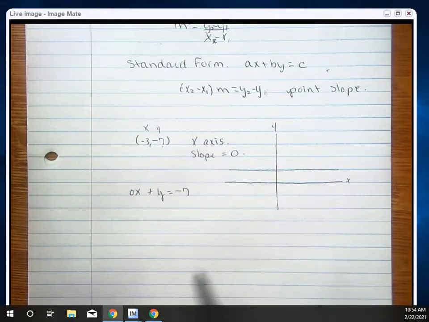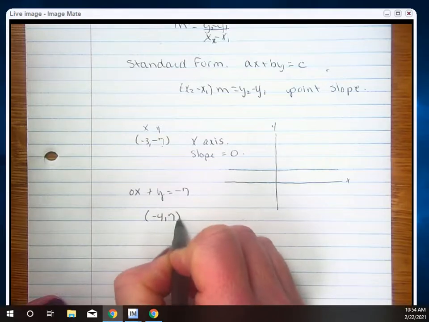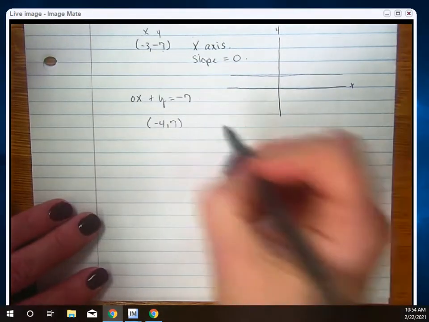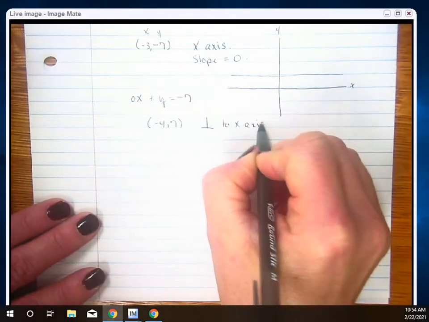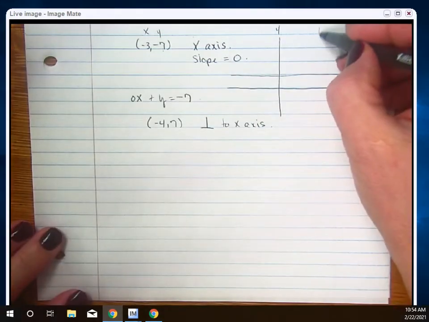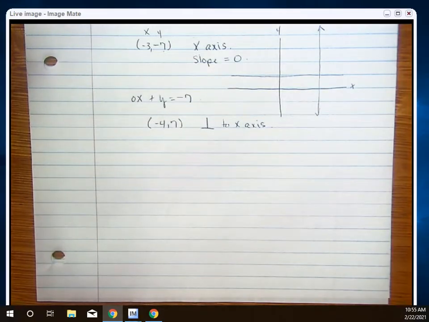Okay, so what if I have a point -4, 7, and I want it perpendicular to the x-axis? Now perpendicular is straight up and down. How do you write the equation through that point perpendicular to the x-axis?